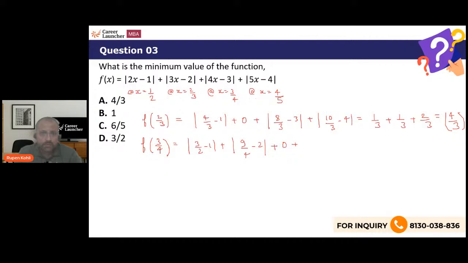The fourth term, 5 into 3 by 4, 15 by 4 minus 4. 3 by 2 minus 1 is half. Then 9 by 4 minus 2 is 1 by 4. This is 0. And 15 by 4 minus 4 is 15 minus 16, which is minus 1 by 4, so magnitude 1 by 4. Half plus 1 by 4 plus 1 by 4 is 1. 1 is smaller than 4 by 3. Therefore 1 is the minimum value of the function.